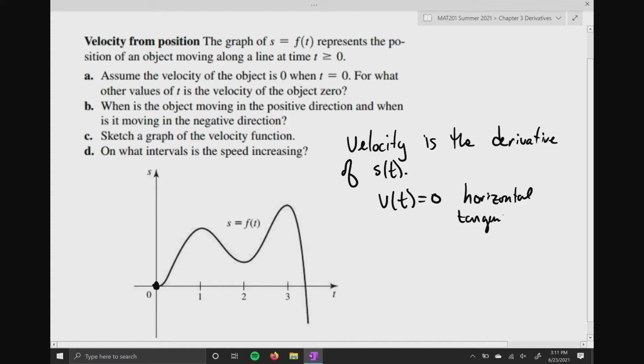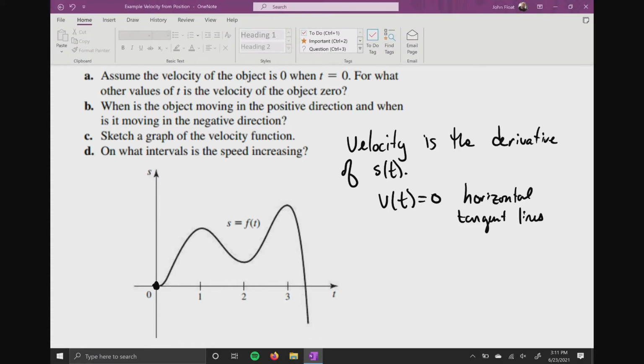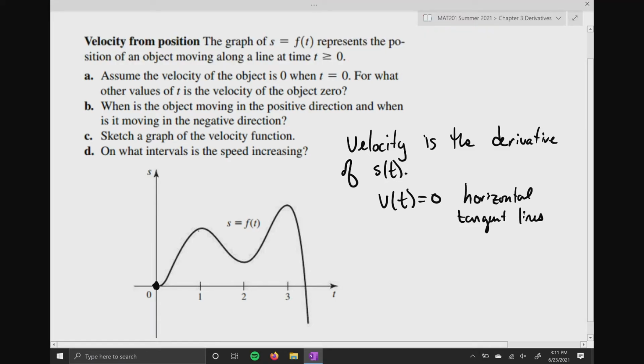That's what we want. So our horizontal tangent lines are going to occur at t equals 1, and I'll just draw a little horizontal tangent line, at t equals 2, and it looks about, I'm going to say that's t equals 3. So for part A, t equals 1, 2, and 3. That's where we have horizontal tangent lines.